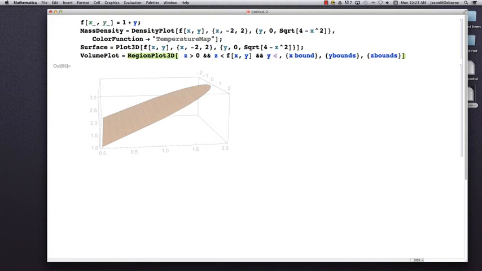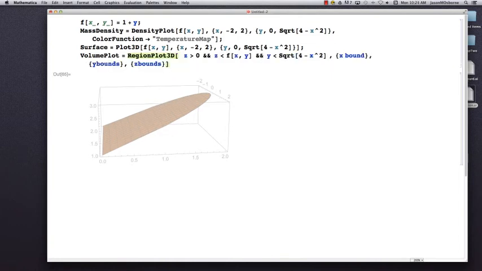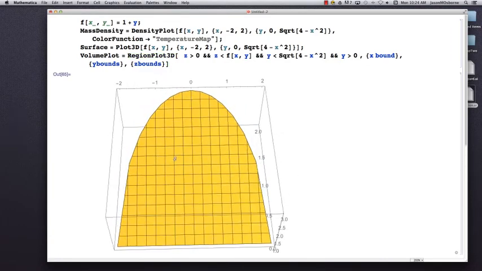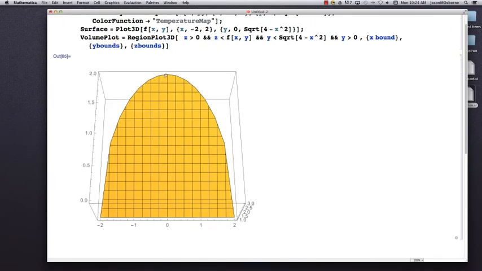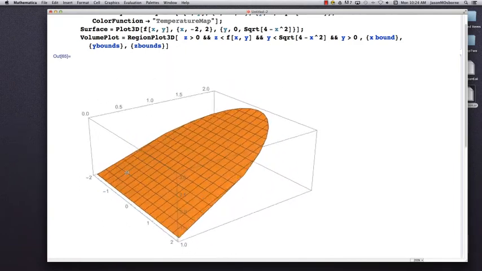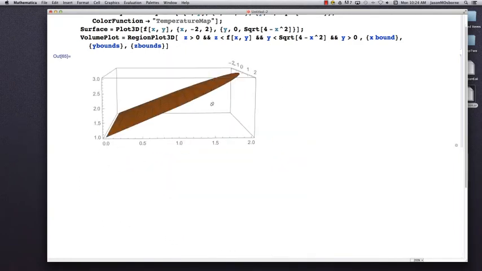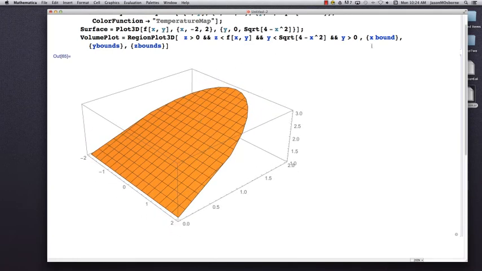I want my y value to be less than the top half of the circle, so that's the square root of 4 minus x squared. But we also want y to be greater than 0. That should be enough to describe the region D here. We want the y values to be less than the top half of the circle but bigger than 0, and in the z direction, below this surface but above the z equals 0 plane. So that should be enough to describe the region.